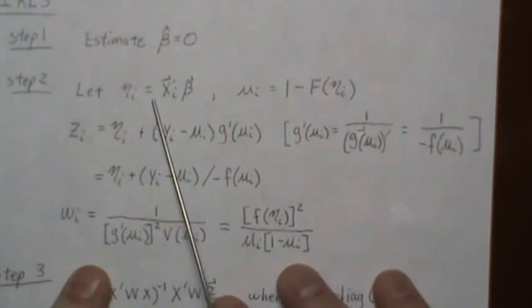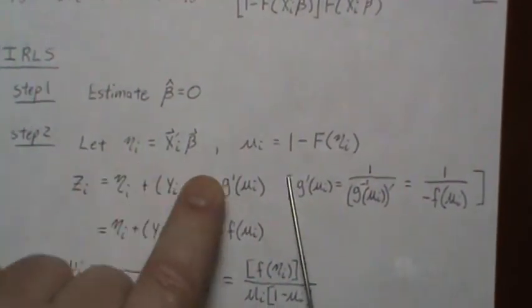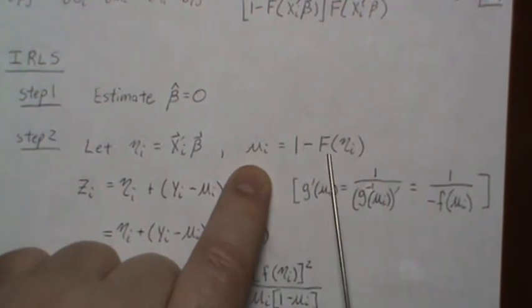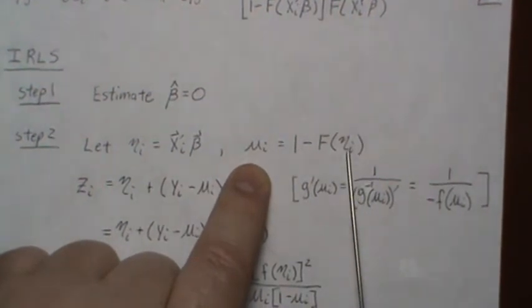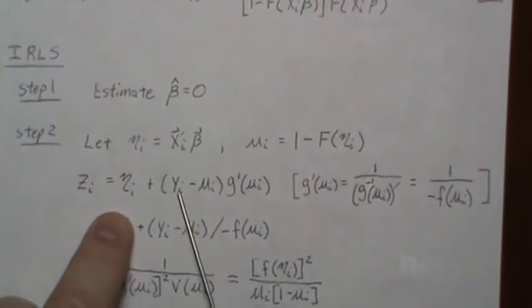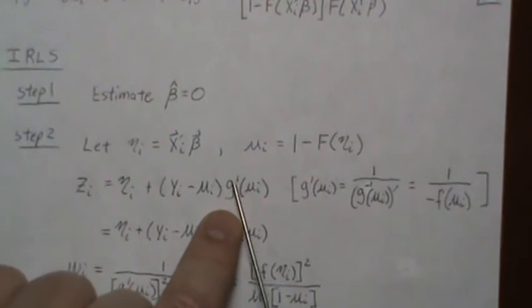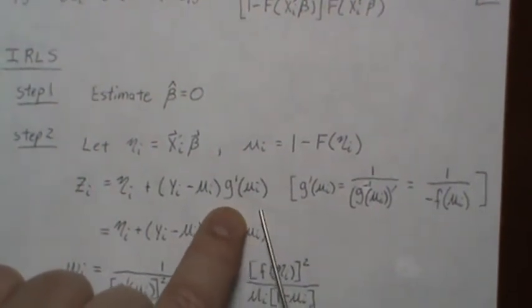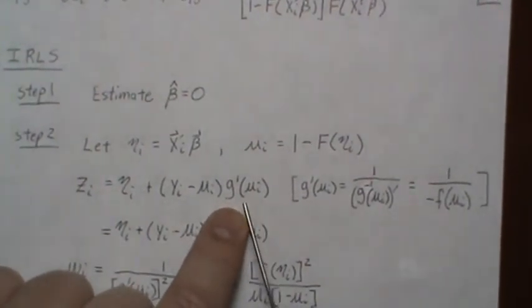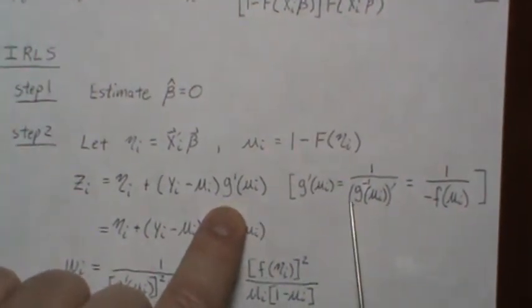And so if we let eta be our linear combination, and mu was 1 minus the CDF of eta, then we're going to let z be the linear combination y_i minus mu_i times the derivative of our link function. And our link function was the inverse CDF of the Gumbel.